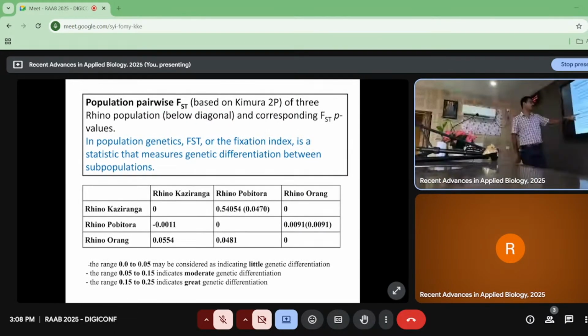Rhino Pavitora and Rhino Kaziranga, differentiation is found to be minor. Rhino Pavitora and Rhino Orang, there is a little differentiation. Like this, FST was calculated and presented in the table. The range 0 to 0.05 is considered little genetic differentiation, 0.05 to 0.15 indicates moderate genetic differentiation, and 0.15 to 0.25 indicates great genetic differentiation.